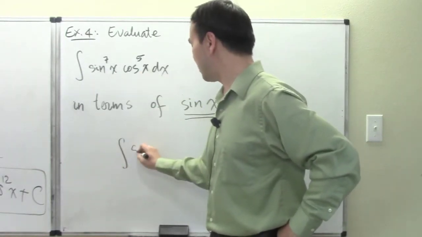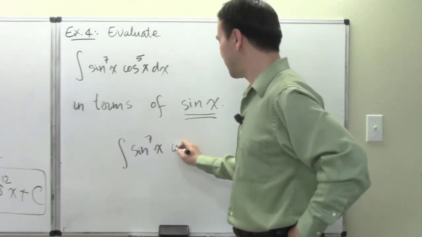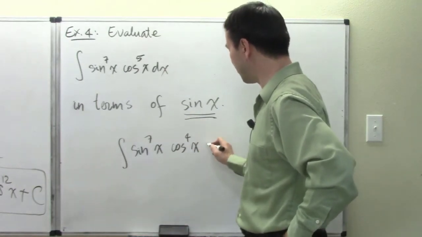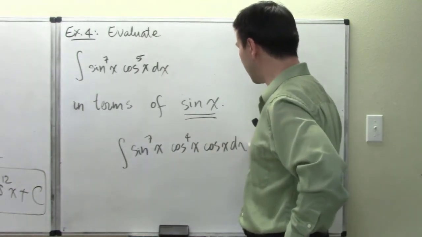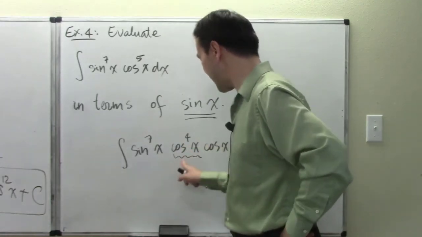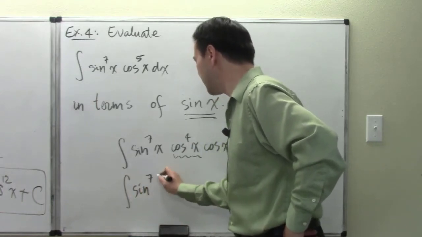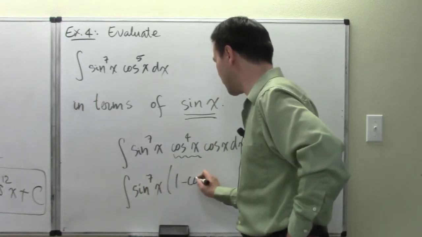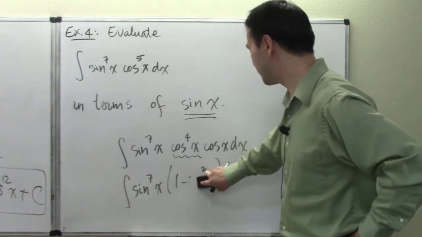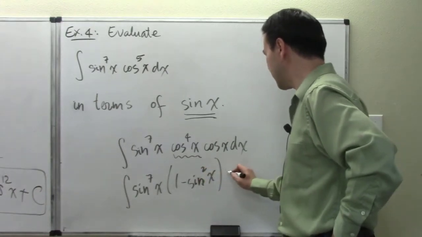We have to tackle down on the cosine and leave the odd power of sine the same, but split the cosine here as cosine to the fourth and cosine of x, so that we can make the substitution. That can become, recall from that earlier work, sine to the 7th of x, and then here 1 minus cosine squared of x, which is 1 minus sine squared of x, and then times the cosine.